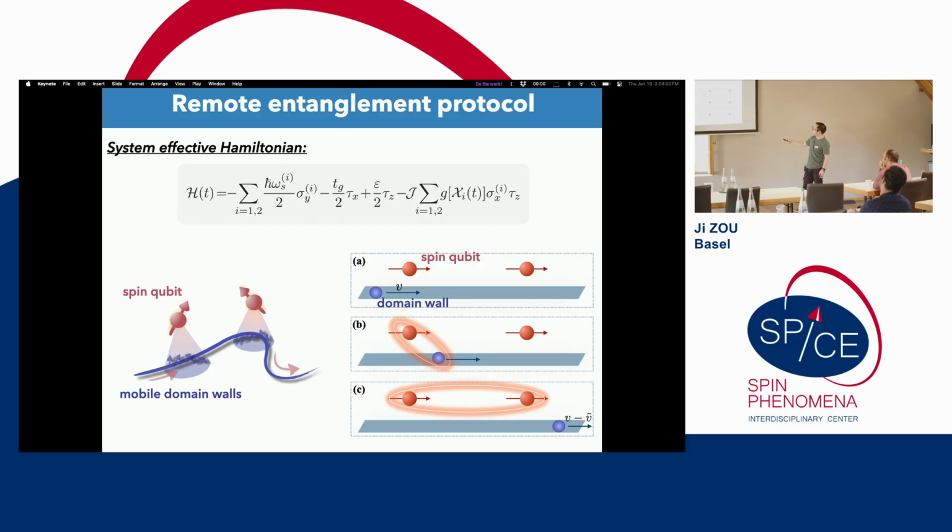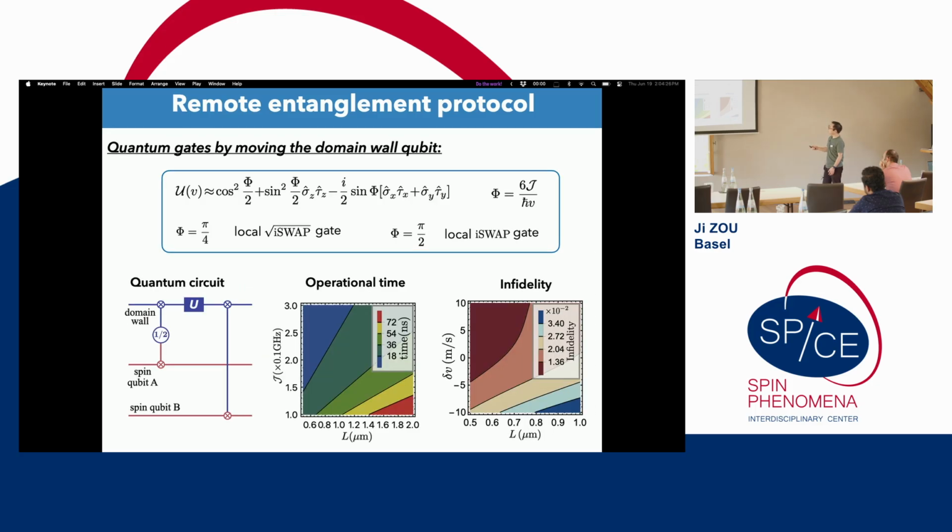Then we keep moving this domain wall towards the second one. When it's approaching the second spin qubit, they also talk to each other through this same interaction. But in this case, hopefully, they can swap their states such that at the end of the process, these two stationary qubits get entangled, while the domain wall textures are perfectly disentangled from the system.